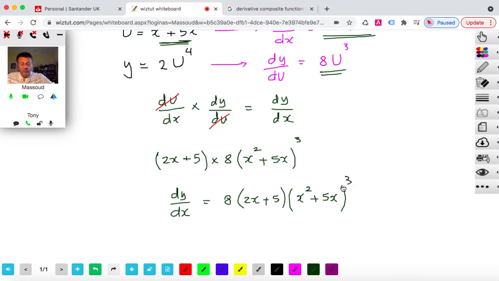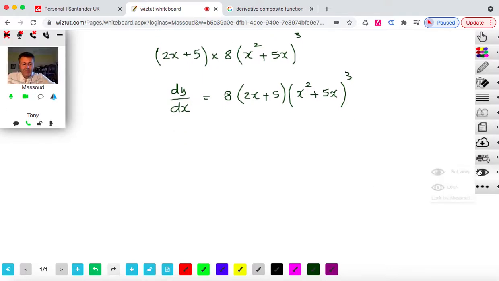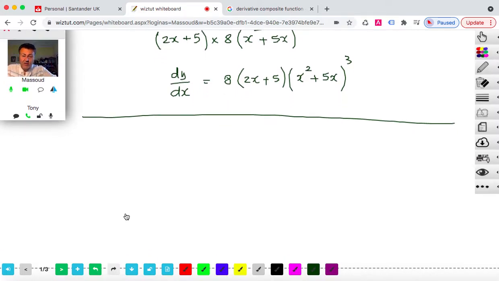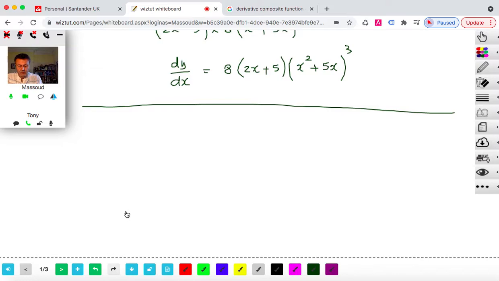So when we are dealing with a g of x, let's get some extra pages here. When we are dealing with a function of a function, let's use the same idea. So we say y is equal to a function g which is operating on f(x).